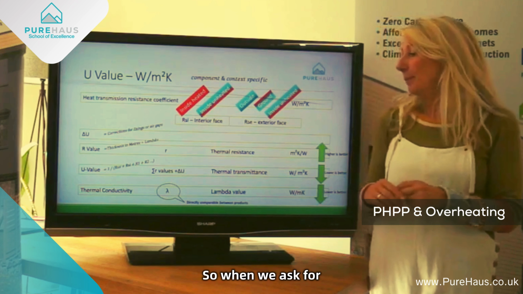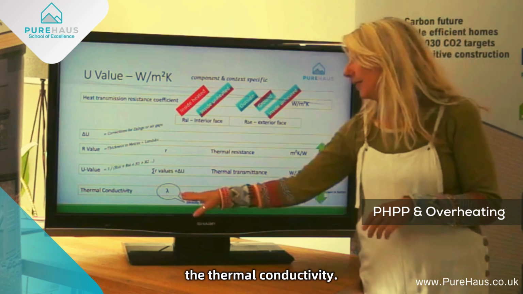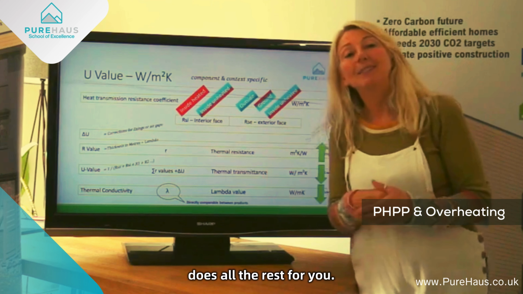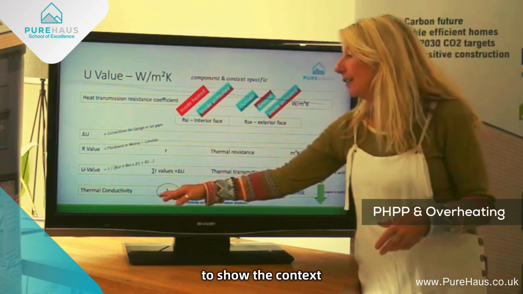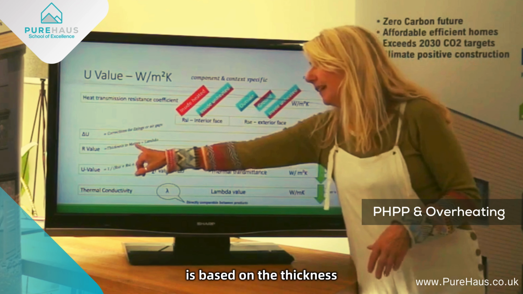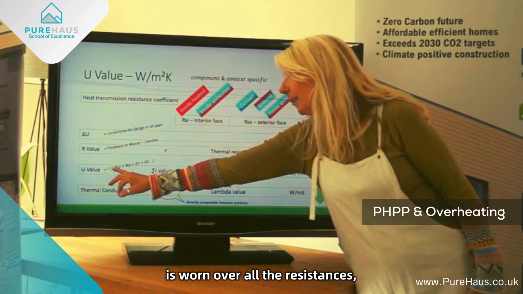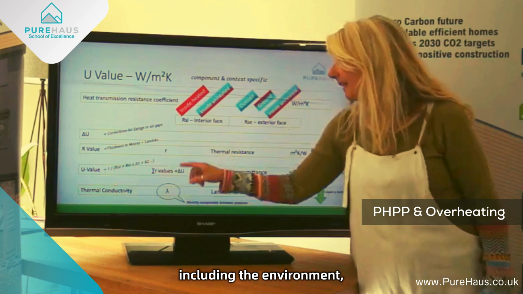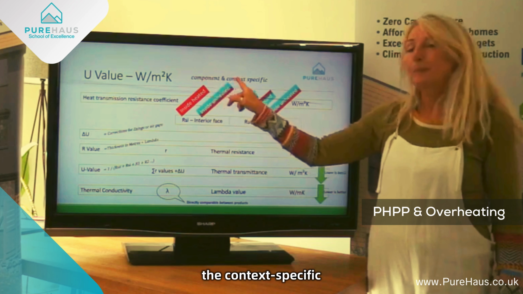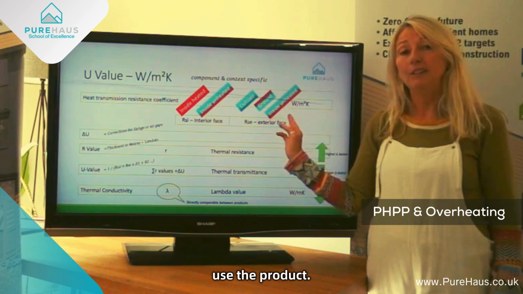So when we ask for the performance criteria, it's to do with the thermal conductivity. The PHPP then does all the rest for you. But I just wanted to show the context that the resistance of a material is based on the thickness divided by the lambda, and the U value is 1 over all the resistances, including the context-specific environment of where you're going to use the product.